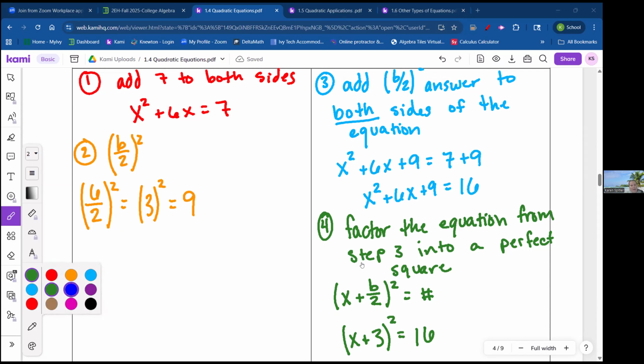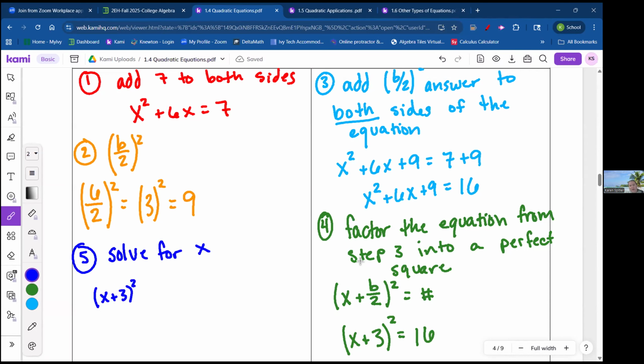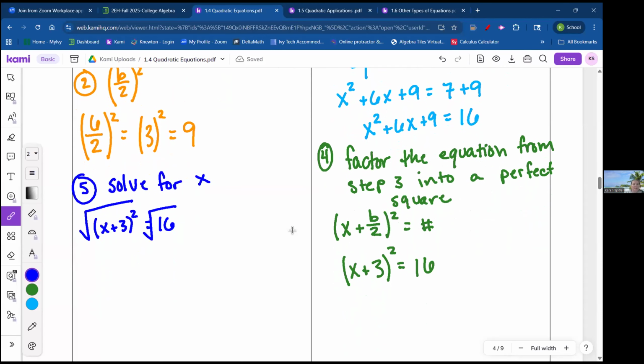Okay. And then what we did last Thursday, we're just going to solve it. I know it goes 1, 2, 5, but follow the numbers. Now you're going to solve for x. Since this is a square root equation, you've got x plus 3 squared is equal to 16. Remember, when you square root that, you end up with 2 equations and 2 answers.